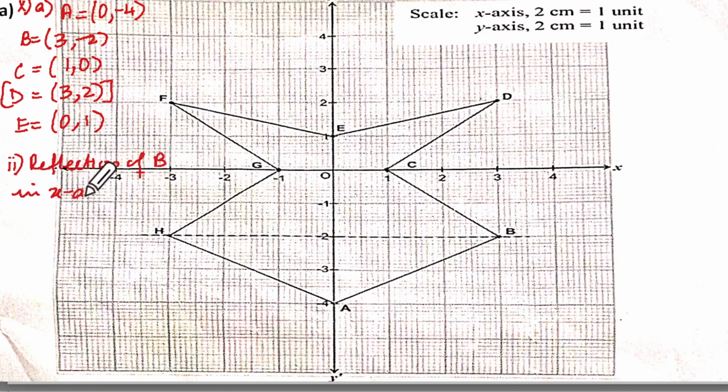This is what they said, yes? Where is B? B is here. So it will be here, across the x-axis. So it is equal to D, which is 3 comma 2. Okay, so this is our second answer.